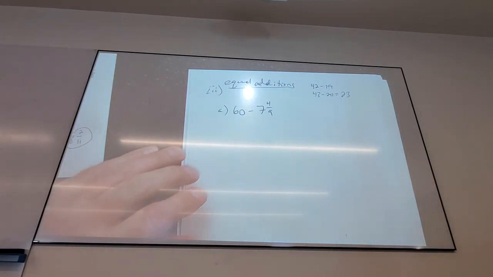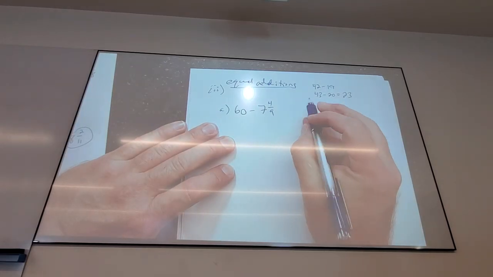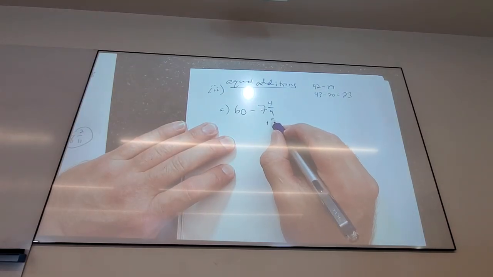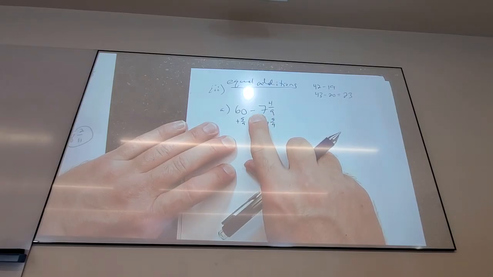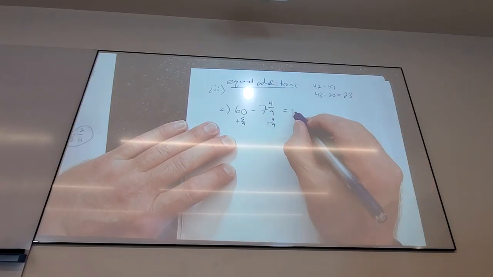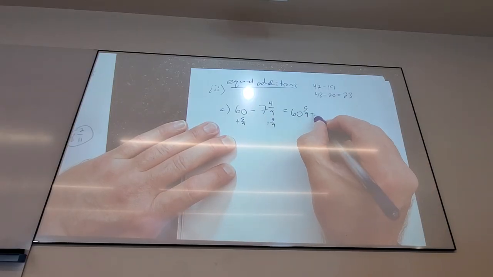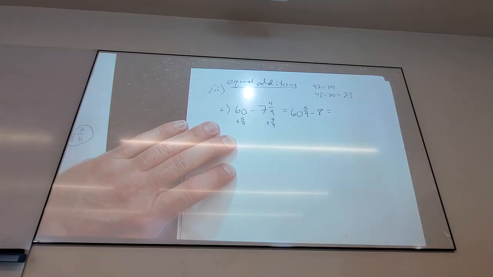Grace is telling me to steal first. Look. So if I add 5/9 to both, the distance between them will stay the same. So this becomes 60 and 5/9 minus 8. And what's that?